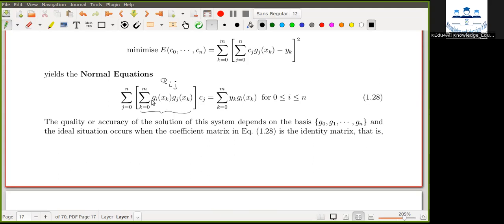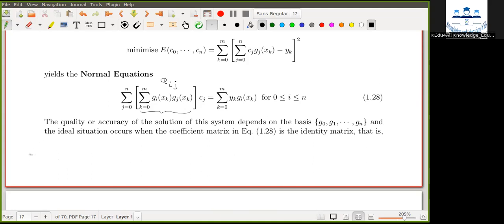So this is fixed, and this is fixed. So we can call this g_i.